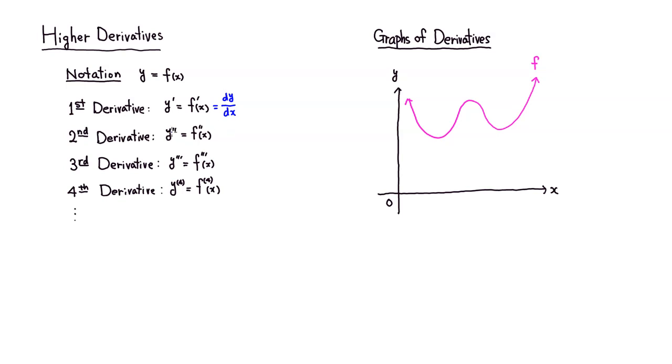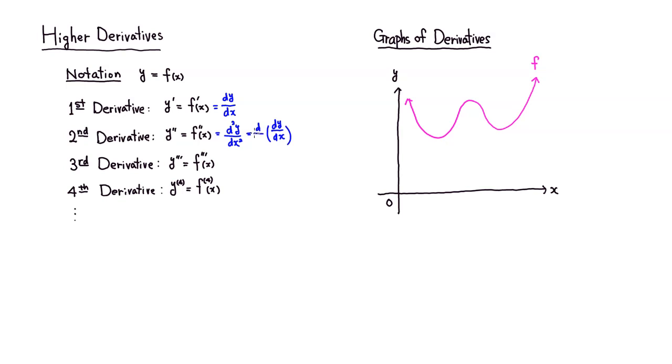So you can do y double prime, or f double prime, or we can put two right here: d squared y over dx squared. You might think that this looks like a strange notation, but it makes sense because we take the derivative, so here's the first derivative, then we take another derivative.